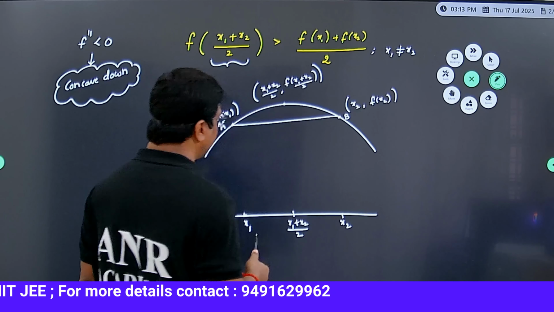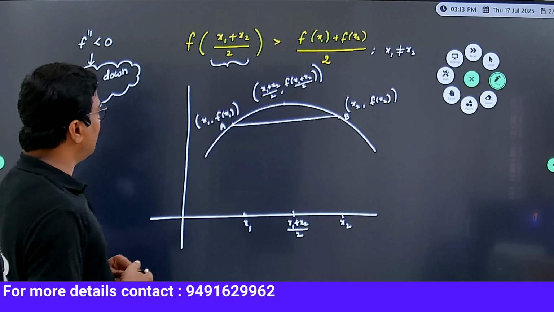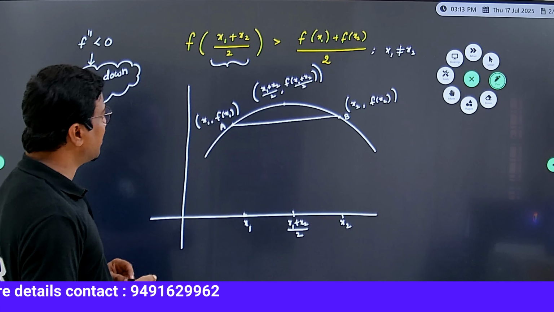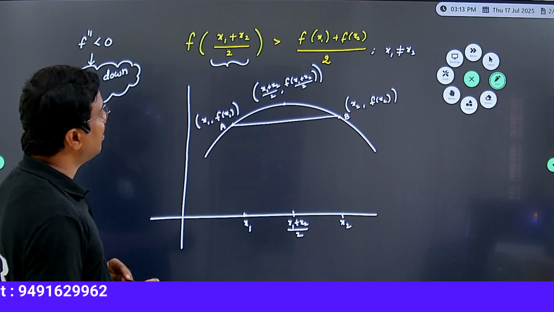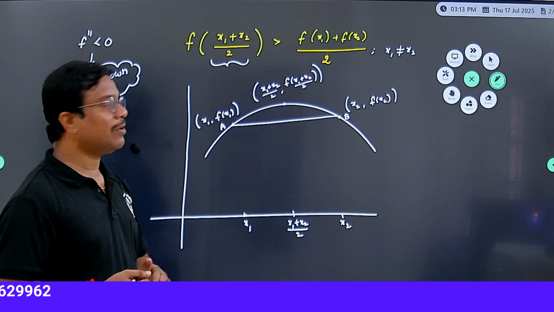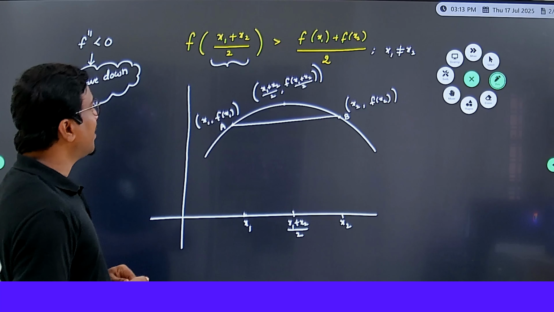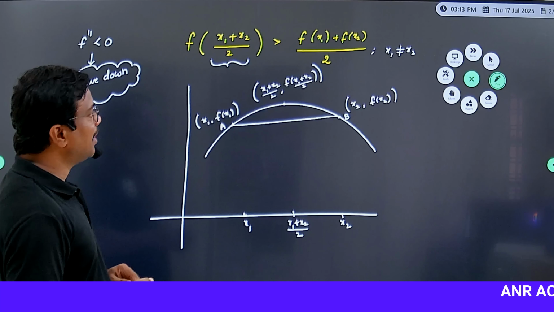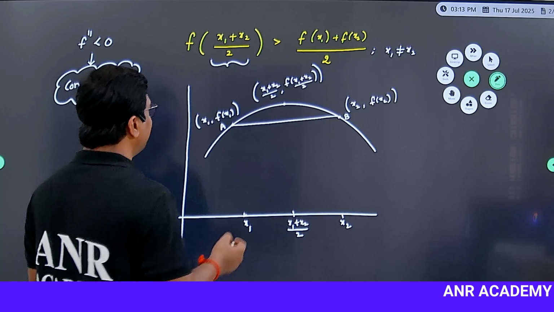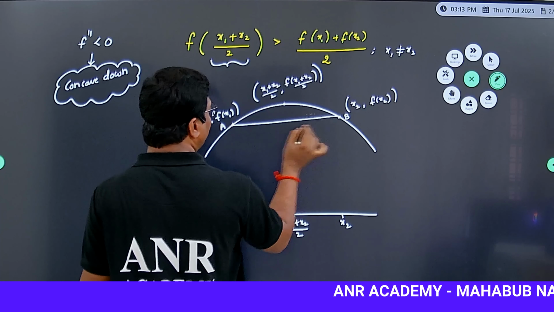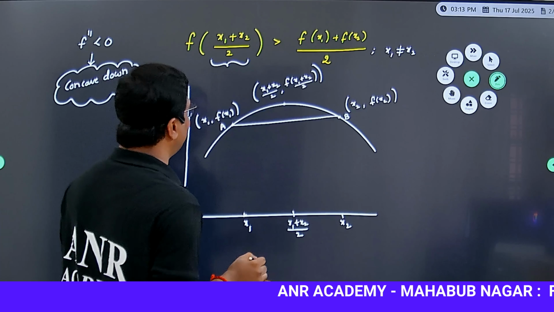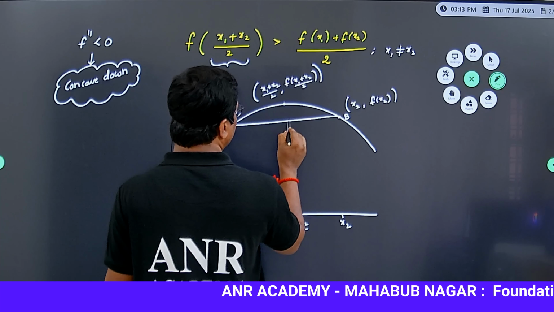Next, let us observe, you have (x1 plus x2) by 2 and (f of x1 plus f of x2) by 2 also there. The average of their heights, this is f of x1 and this is f of x2. I am going to find the middle point of these two.